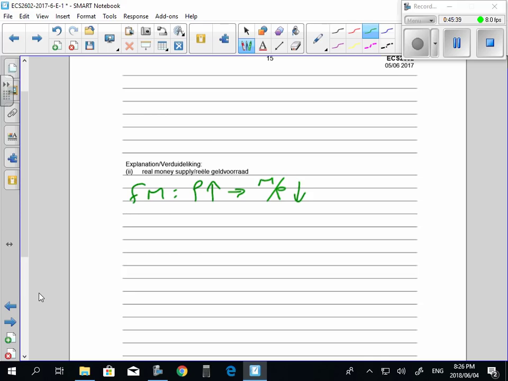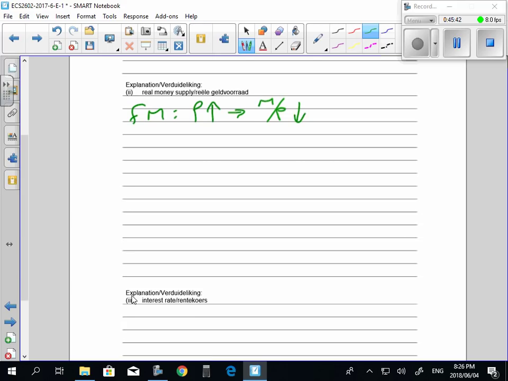Also in your financial market, if prices have increased, real money has decreased, it means that interest rates will increase.